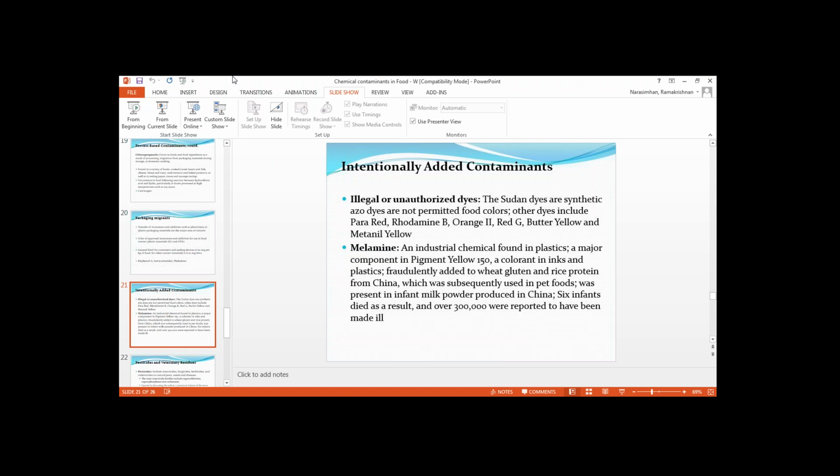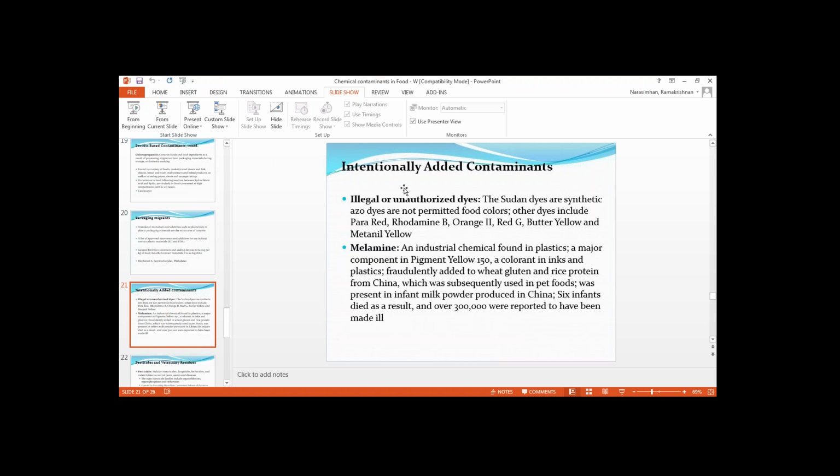some time ago this was used to boost the level of nitrogen in milk, and obviously that resulted in the death of a number of infants in China. Not only in milk powder, it was also found in pet foods, which again created a big scare, and there is a big legal case on that.